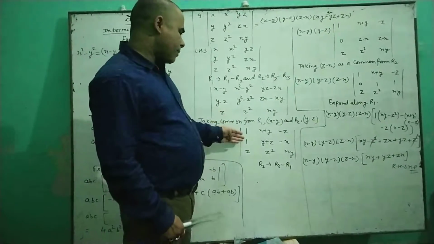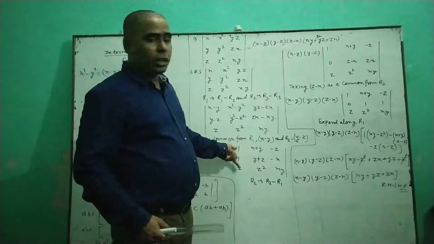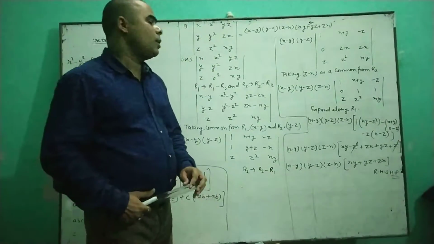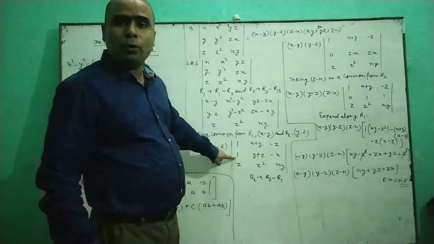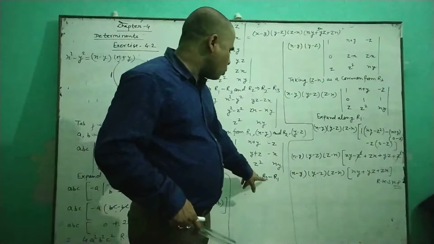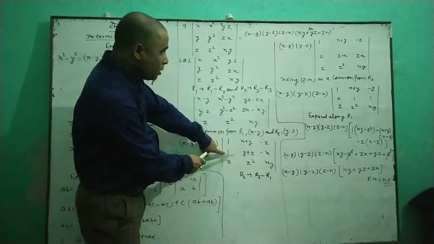Now after that we have to expand, but I want to minimize the value of the determinant. So for that, R2 tends to R2 minus R1. It means one value will be 0, then our multiplication will be easy. Now R2 is 1 minus 1, 0.